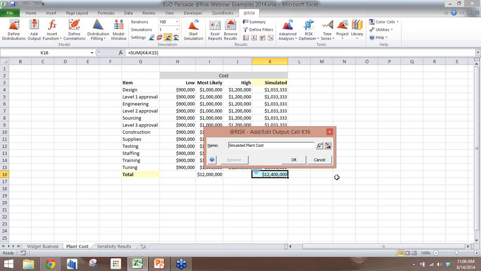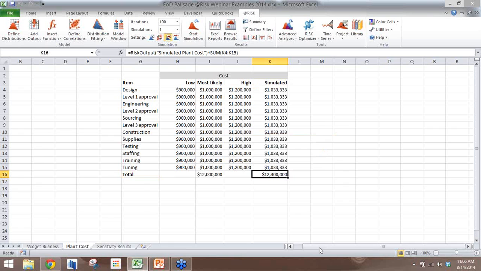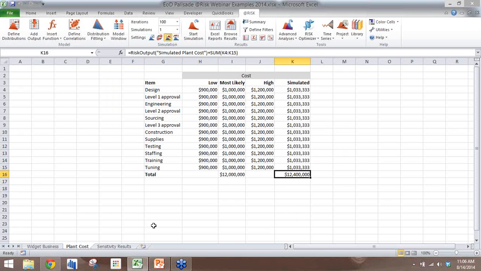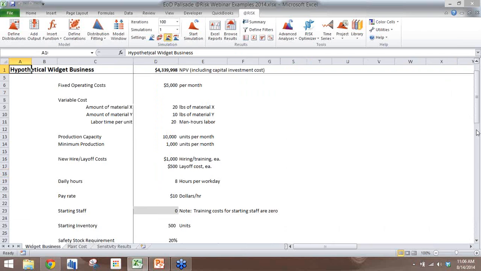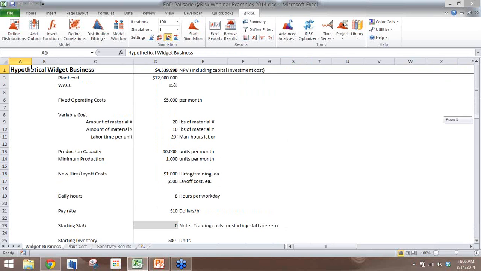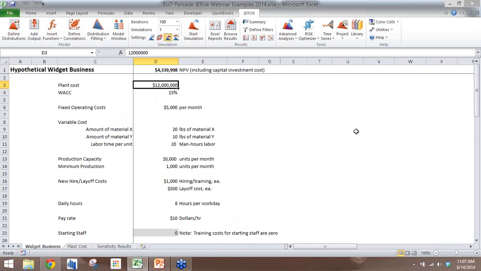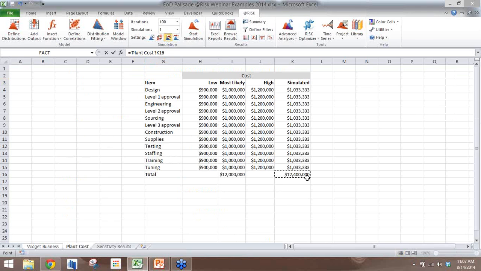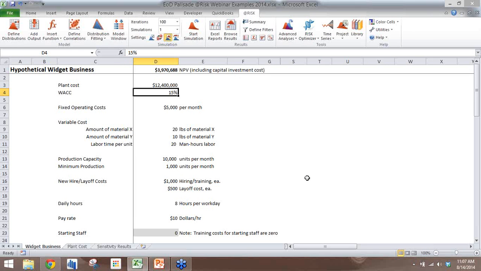What I'm then going to do is return to my widget business model, go to the very top of the model, and my plant cost, in this case, I'm going to refer over to this value here. So two things are happening here.